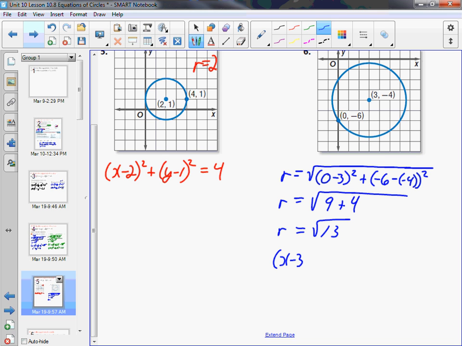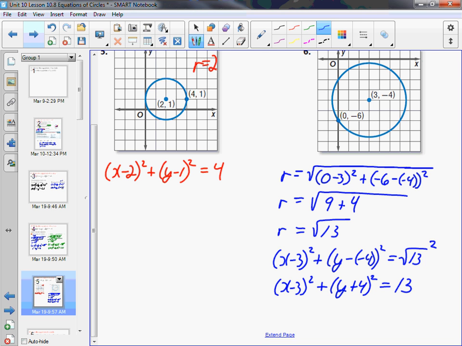So x minus 3 quantity squared plus y minus negative 4 quantity squared equals the square root of 13 squared. And I need to simplify that a bit. That'll be x minus 3 quantity squared plus y plus 4 quantity squared equals 13.